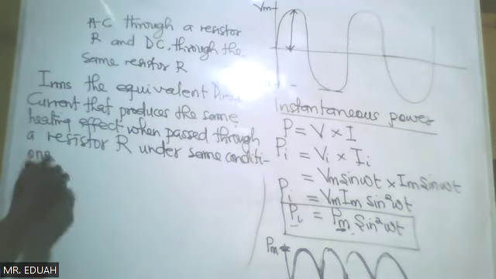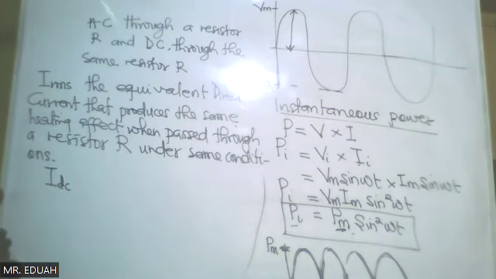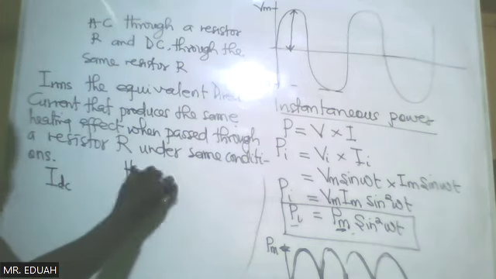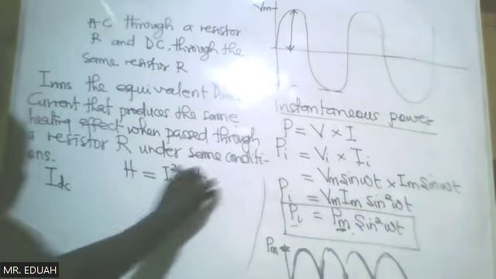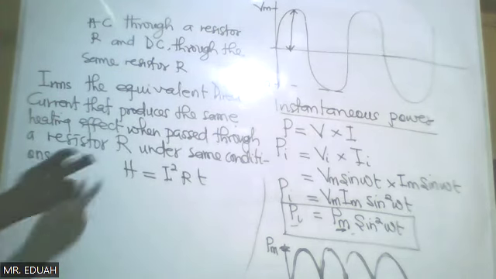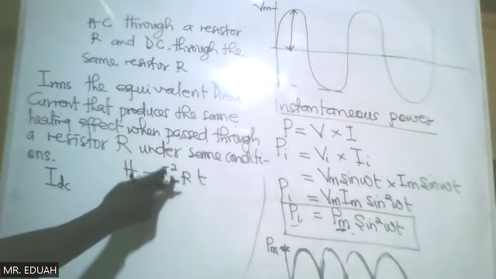So for DC, heat energy will be generated, and heat is given by I squared RT.